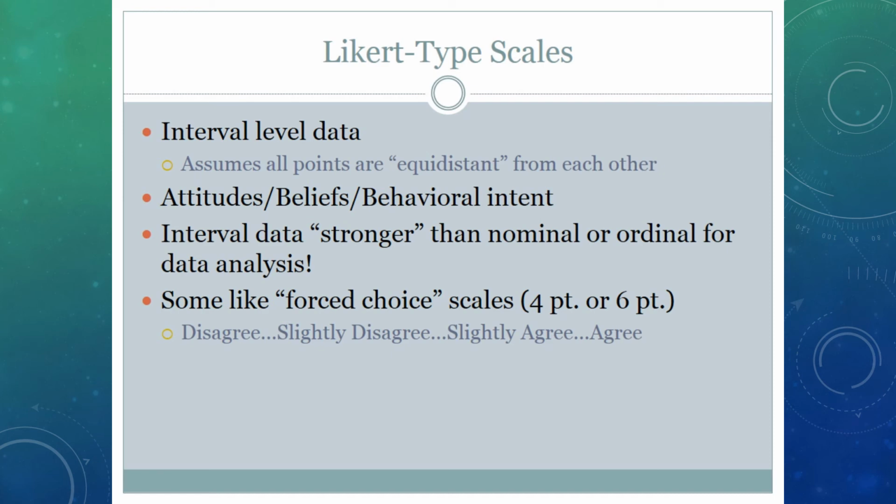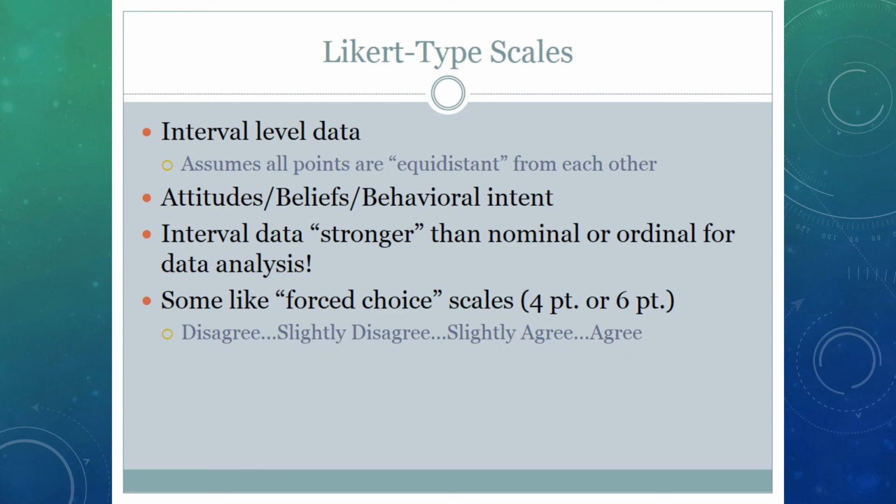So interval level data is where we get into the world of the Likert type scales. Just to refresh your memory, that means that each point of the scale, let's say it's 5 points, is an equal distance apart: if you circled number 1, it's equal distance from number 2, 2 to number 3, 3 to number 4, and 4 to number 5.